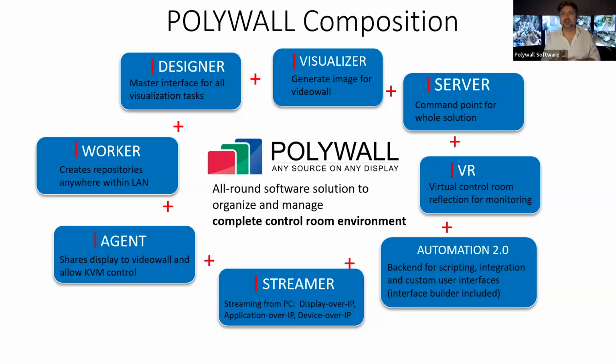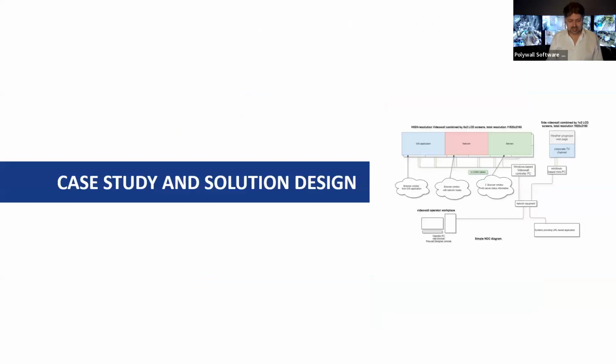Add here a lot of custom interfaces, sources generated on demand, virtual reality control rooms, and you will receive a product which can fulfill all the requirements of your customer with a very modest amount of money. Very cost-effective solution to build a control room environment. That's it about Polywall, about the sample of a software control system.